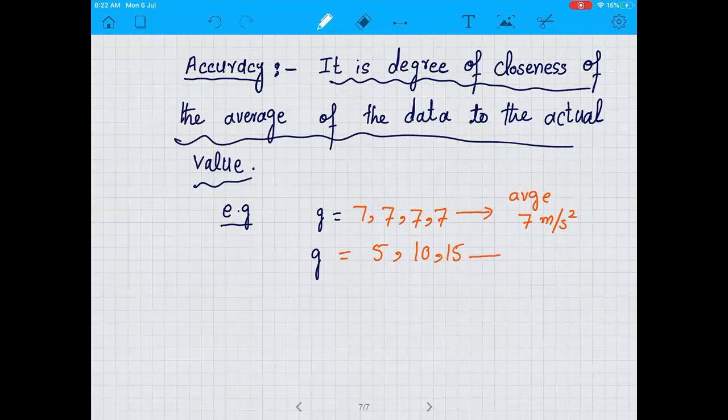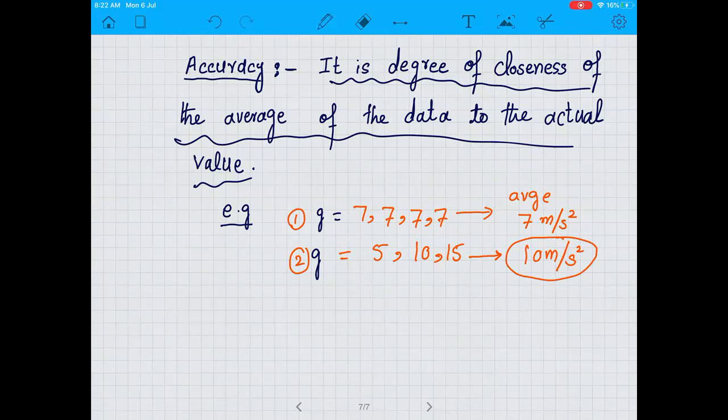Now you see the second student is not a precise one, yet his average will be 10 meter per second square.